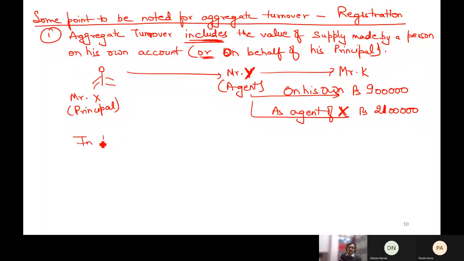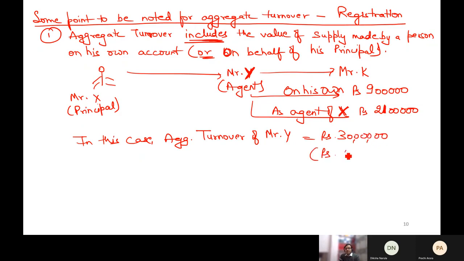In this case, as per the concept, the aggregate turnover of Mr. Y would be 9 lakh plus 21 lakh, equal to 30 lakh rupees. Because the Act says, this is Explanation 1 in section 22, which I have not read, I have simply explained it: on his own account as well as on behalf of principal.